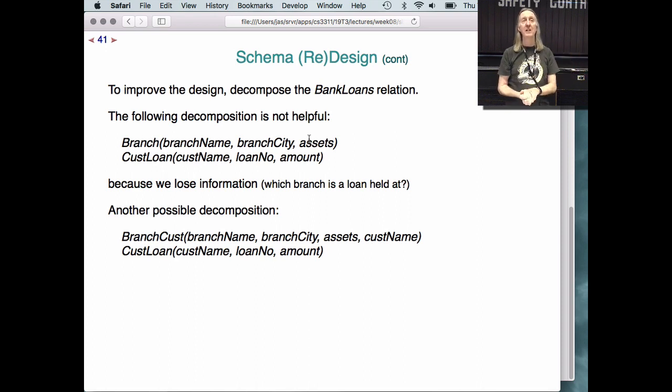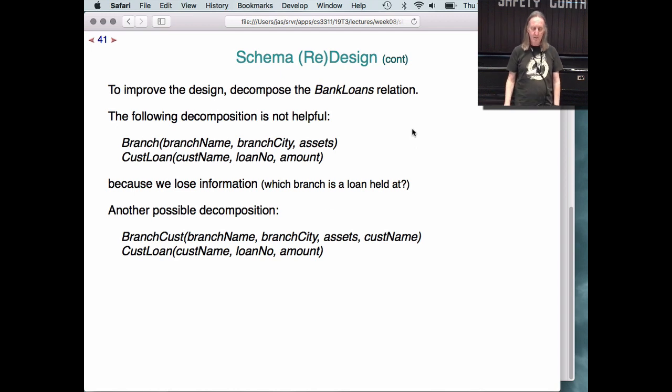And you might say that sounds like a good thing because it will get rid of those update problems if each branch is represented exactly once in the branch table, but by putting all of the customer loan information in a separate table, we've lost the connection of which branch a loan is held at, for example. So that decomposition doesn't work.